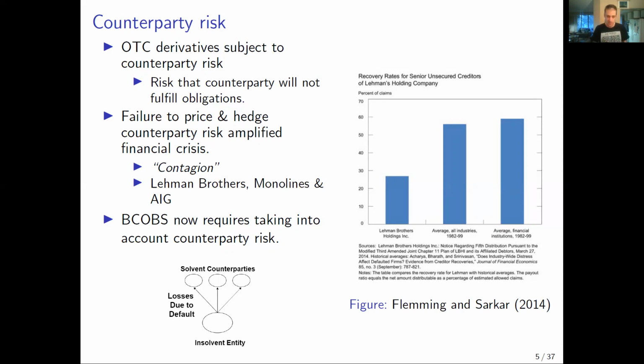Then on this graph, the bankruptcy of one entity will cause the spread of financial disturbance to all its OTC derivative counterparties along the edges of the graph. So in other words, there can be a propagating and cascading financial disturbance. And this sort of problem is what worries regulators. Consequently, the Basel Committee on Banking Supervision requires that banks take into account and hedge counterparty credit risk. And indeed, it's in their own interest to do so.